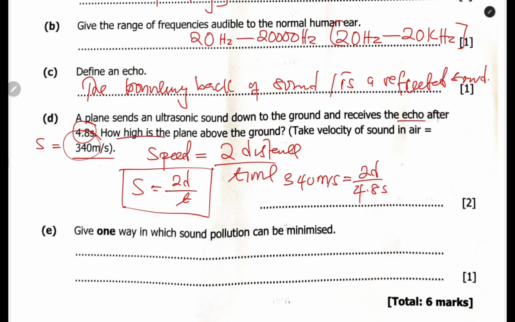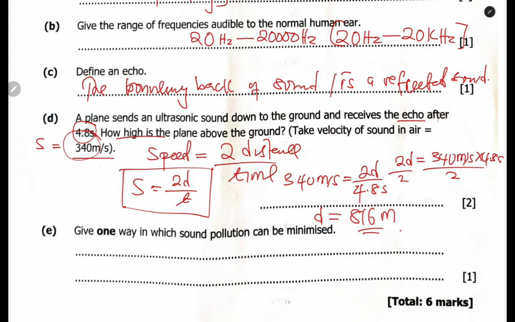Then you cross multiply, and you have 2D equals 340 meters per second multiplied by 4.8 seconds. Here we divide by 2. So therefore D is going to be 340 multiplied by 4.8 divided by 2. We should be able to find 816 meters.